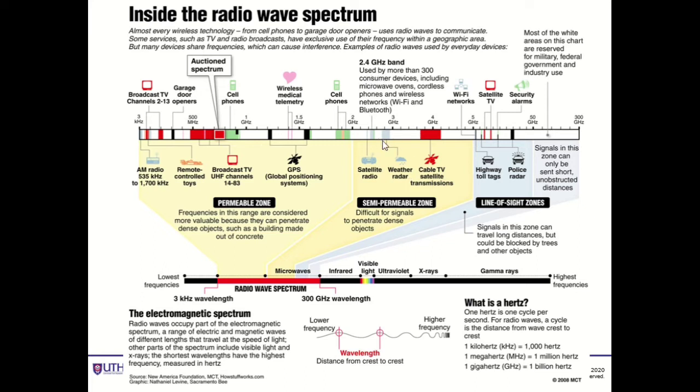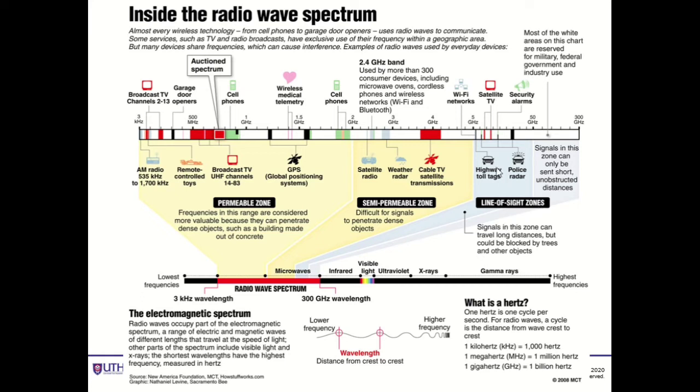Other than that, the semi-permeable zone is where the radar, satellite radio, and cable TV radio for satellite are. We also have UWB, ultra wideband communication, in this zone. Then we have the line of sight zone, where signals can travel long distances but could be blocked by trees and other objects.